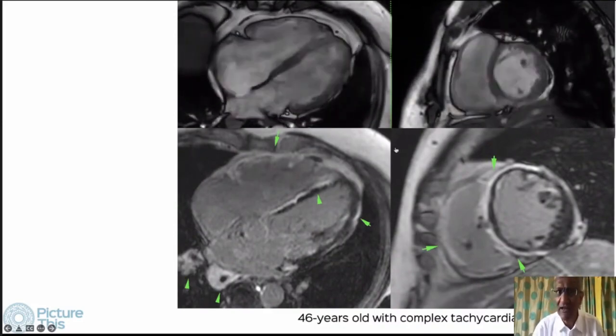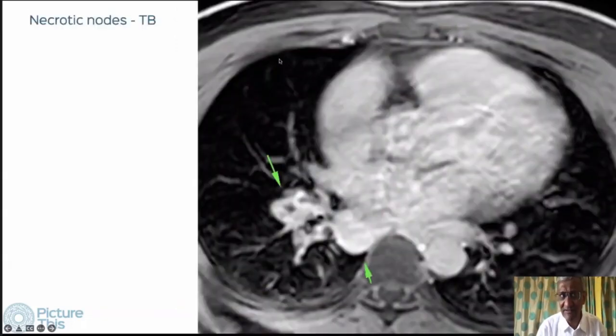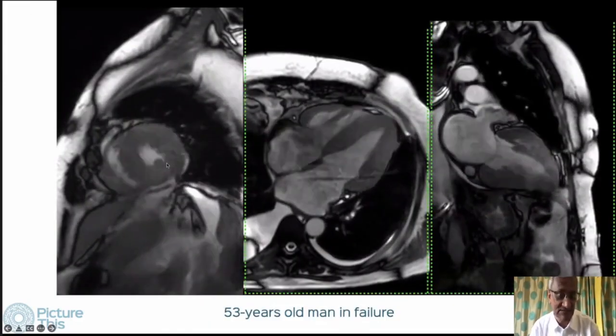Well, it could be, but the morphology doesn't fit in, and the patient had necrotic lymphadenopathy that we biopsied, turned out to be tuberculosis. So this is granulomatous cardiomyopathy. For all practical purposes it would have been treated as sarcoid outside of India, but as we know in India, tuberculosis behaves in the same way as sarcoid in many instances.